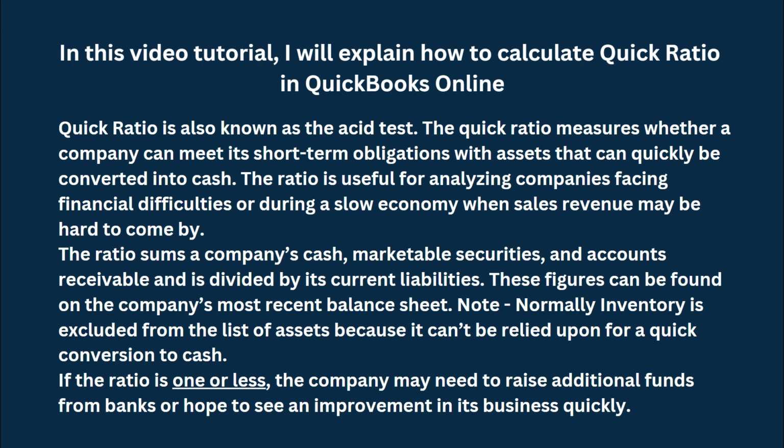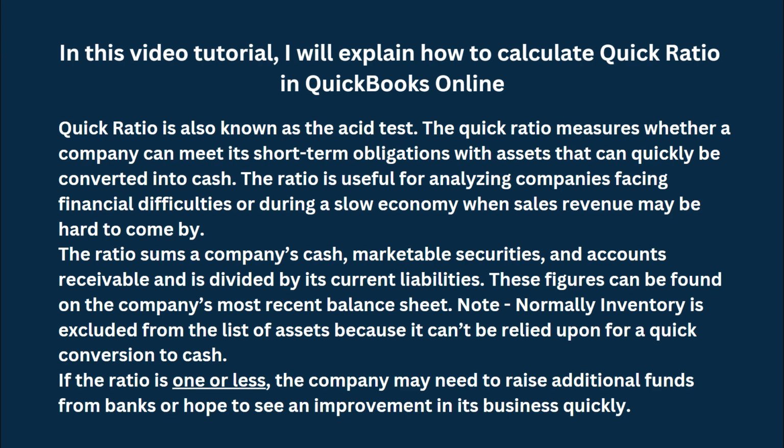and if you have inventory, normally inventory is excluded from the list of assets, although it's part of current assets, because it can't be relied upon for a quick conversion to cash. Some inventory is hard to sell and convert.